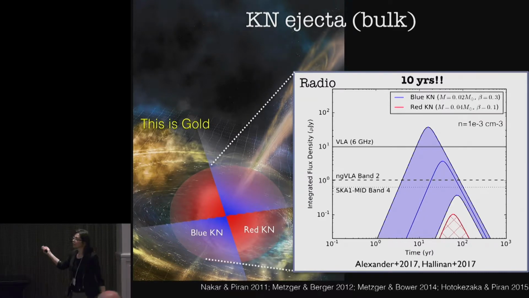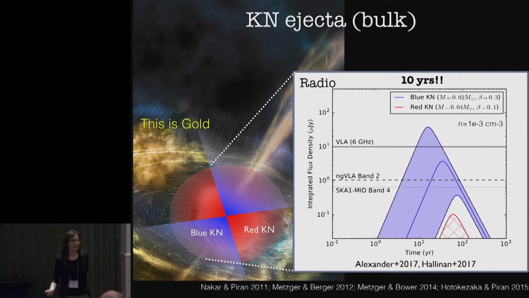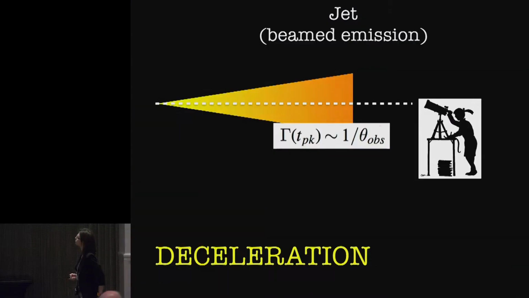Well, you will find out that this is kind of heavy, so it takes a long time to decelerate, a long time for the radiation to peak, and this is what you would expect. We would expect some radiation in the radio, but at a time scale which is 10 years. So not now. Definitely not now.